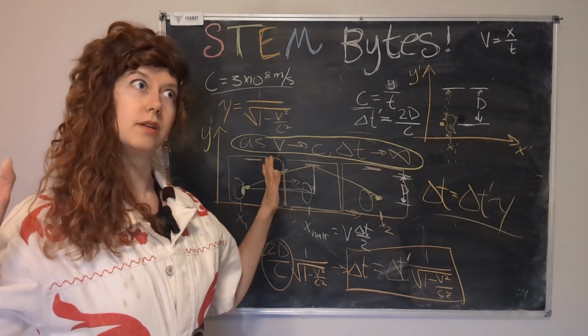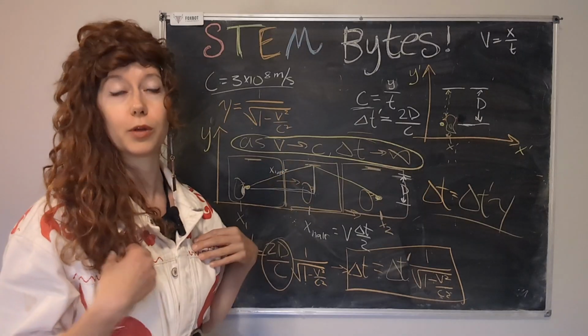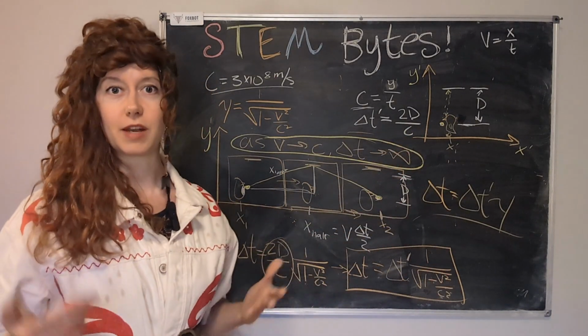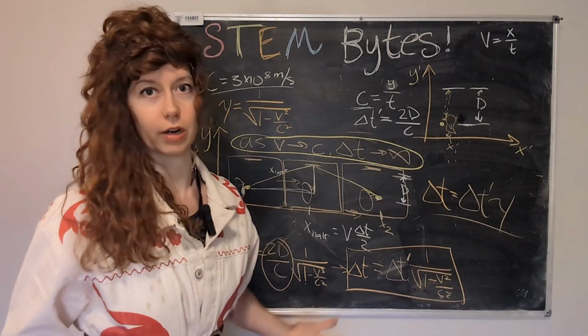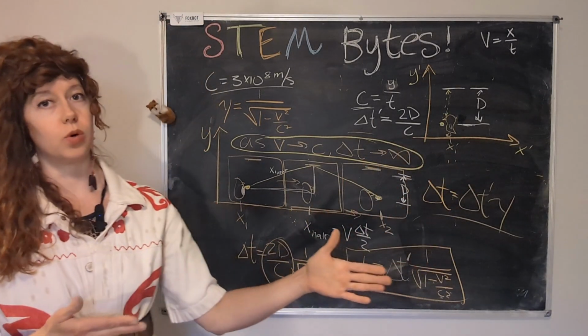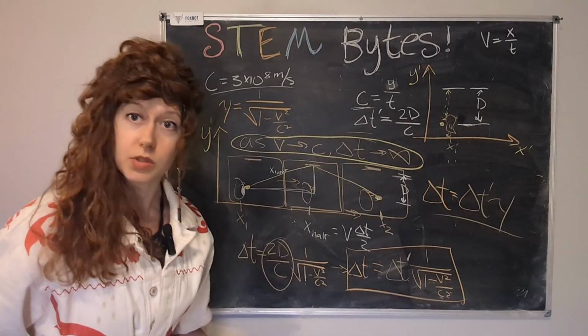So you would be stuck in time. Not for you. Your clock would be ticking, because relative to everything else, you are stationary, right? It's only when we compare the two that we get these results.